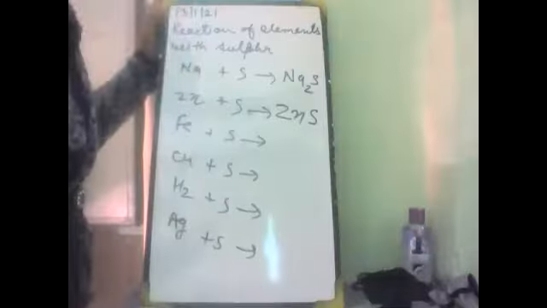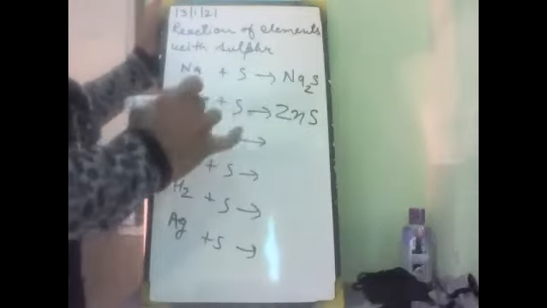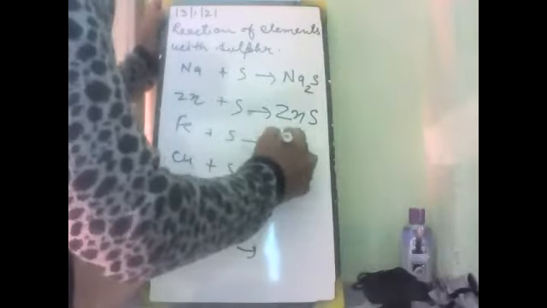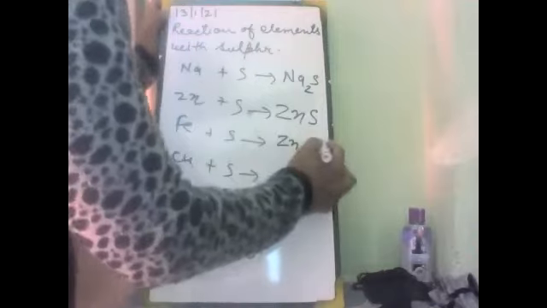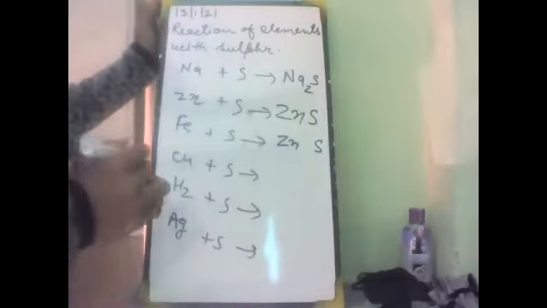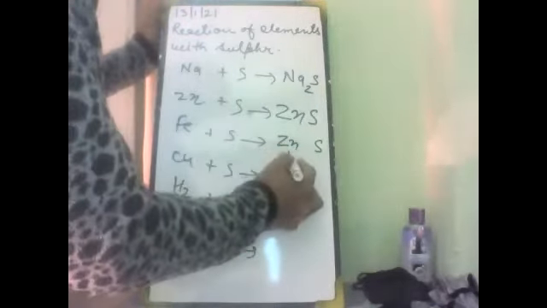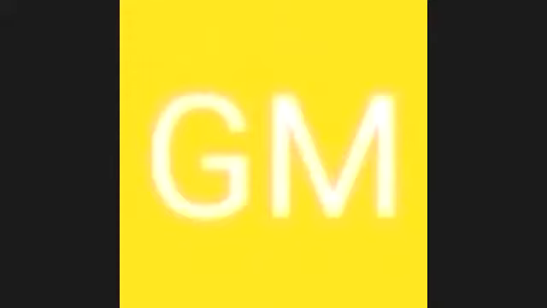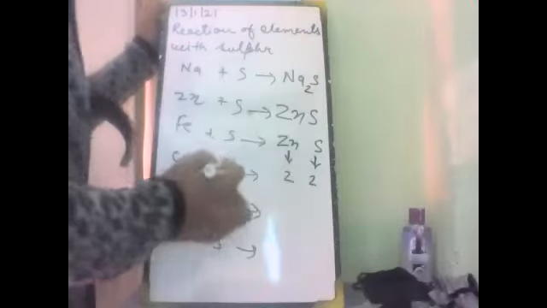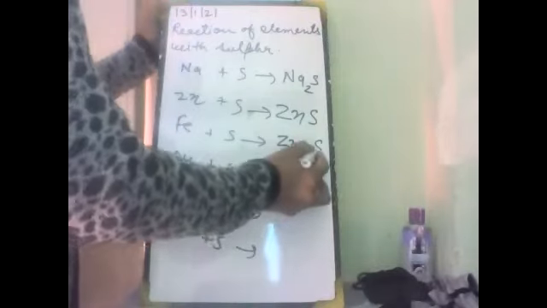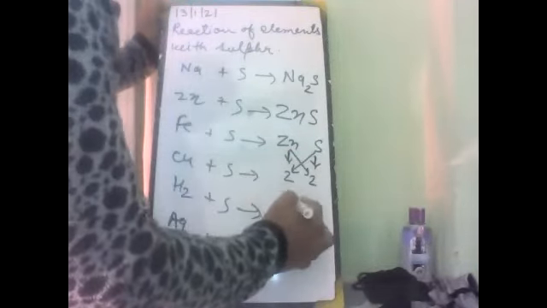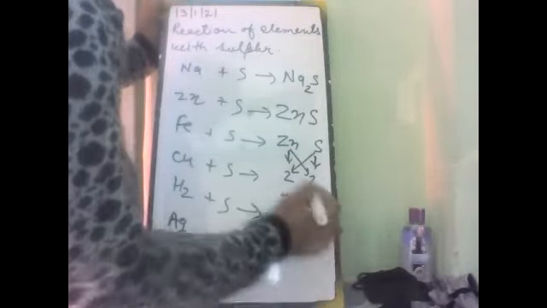Listen. Look once again at how to write the formula. We are having two elements. Zinc has two valency and sulfur is also having two valency, and we are interchanging them: Zn2 and S2.